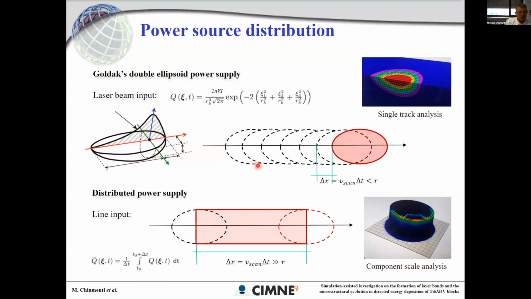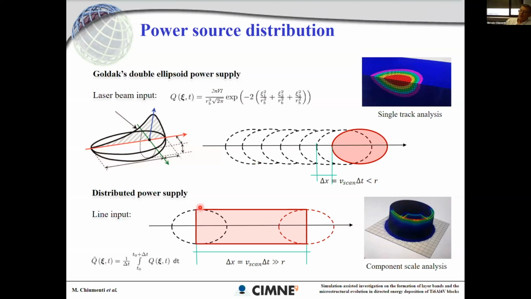The broad, the less accurate version, and well, in fact, in my personal opinion, this is not that important. Meaning, yeah, exactly. It's very important at the single track analysis, obviously, and it is extremely important to take into account how this power is distributed. While working using this larger time stepping, this kind of distribution is not affecting the global result.